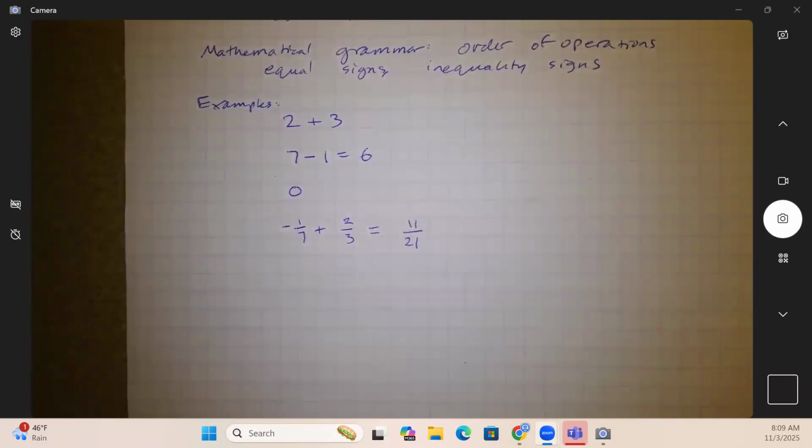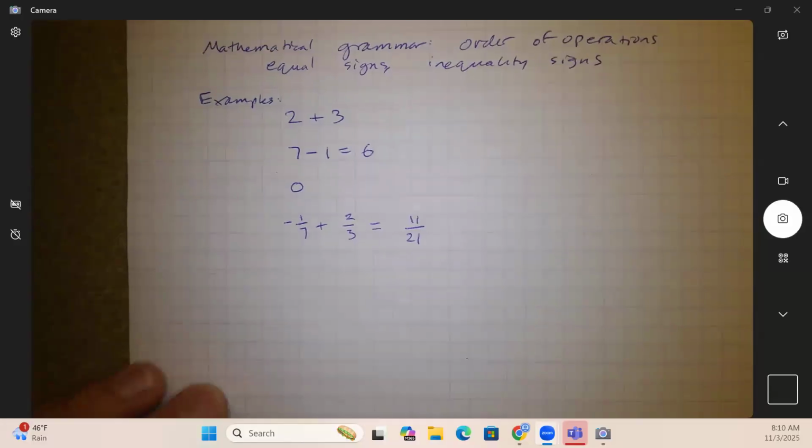Right, so still a mathematical sentence, still an expression, but significantly more complicated. And one of the parts about this section is introducing significantly more complicated expressions to solve beyond what we did in chapter 3 or before.